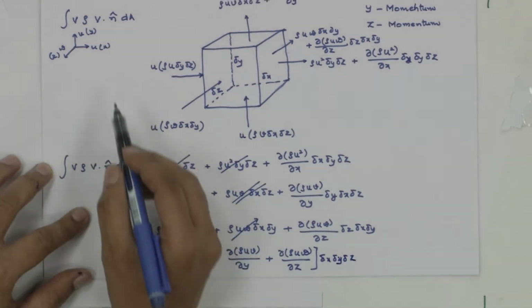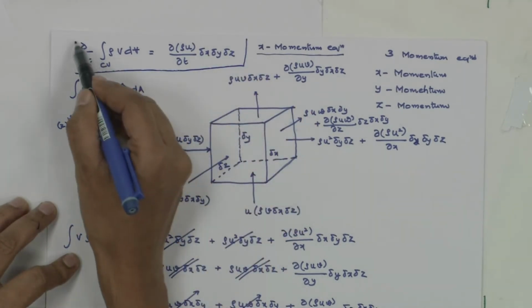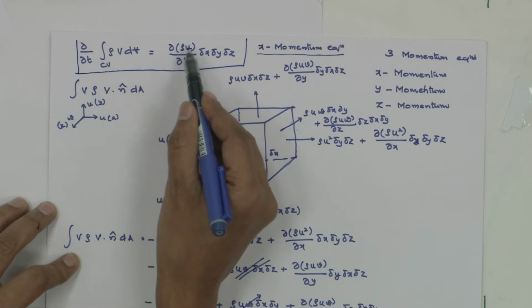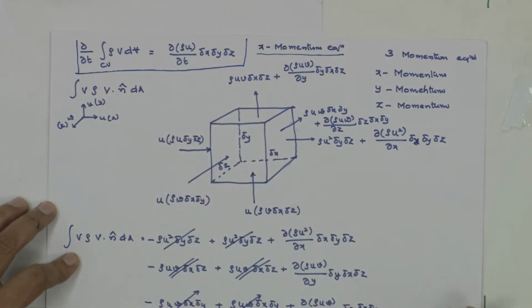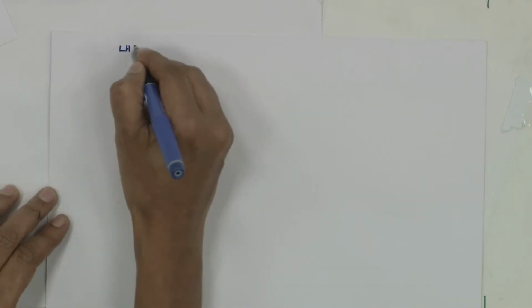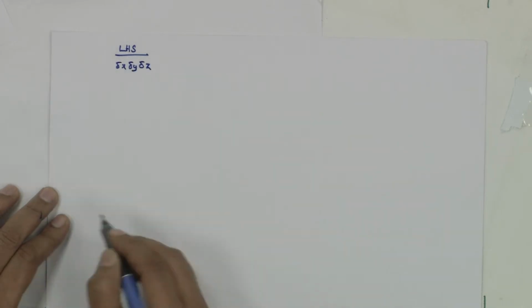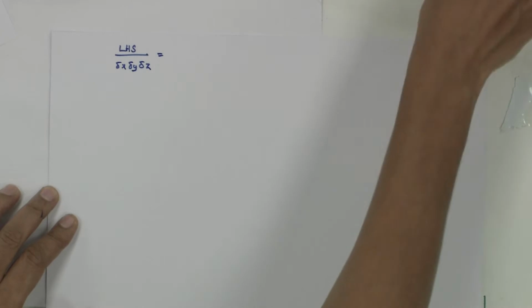You see, I have one term, the first term of my equation, that is del of rho u by del t into delta x delta z. So what I will do is write this LHS upon delta x delta y delta z is equal to the first term.